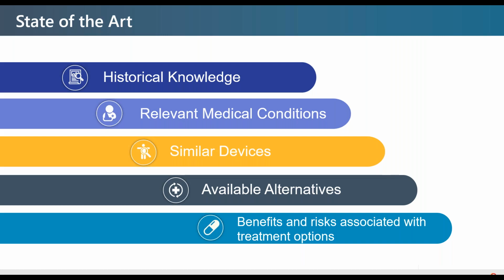So to establish state of the art, we're going to talk about the historical knowledge of our device: what was before it, what other similar devices brought us to where we were. So if your device is iteration 17, then you'll want to talk about maybe not all 17, but how you got from 1 to 17.